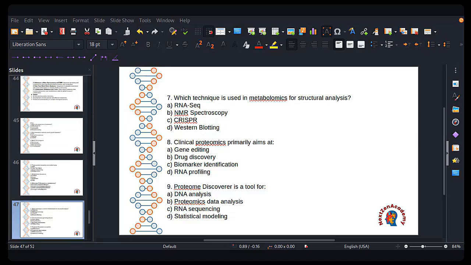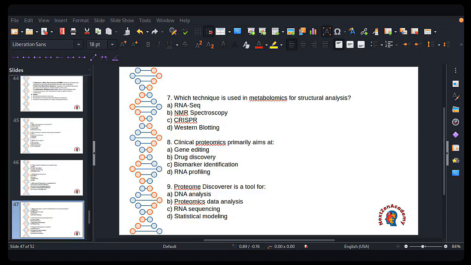Next question. Proteome Discoverer is a tool for proteomics data analysis.